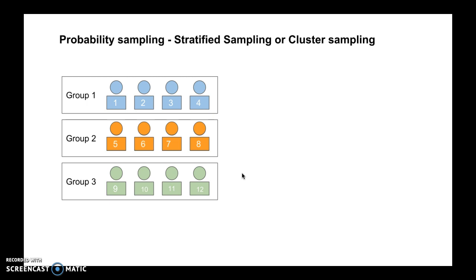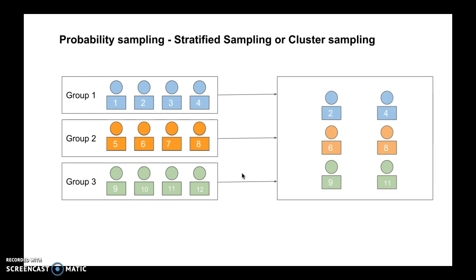I can divide them into two groups, and then I randomly choose participants from each group. So it's like random sampling, but before random sampling, you need to divide them into groups, clusters, or strata.